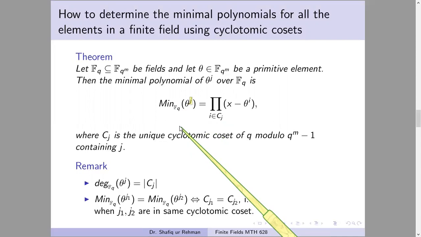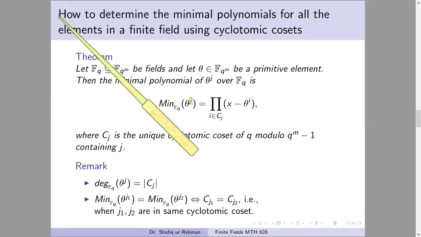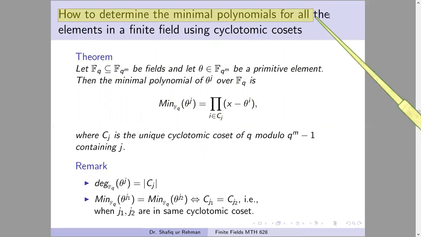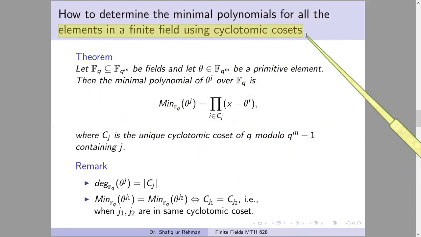So now in this lecture, after defining cyclotomic cosets, we will use cyclotomic cosets here in the powers of theta, that is a primitive element, and we will learn how to determine the minimal polynomial for all the elements in a finite field using cyclotomic cosets.